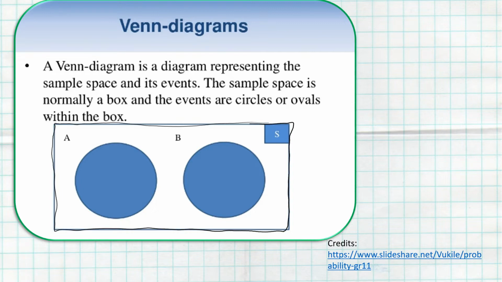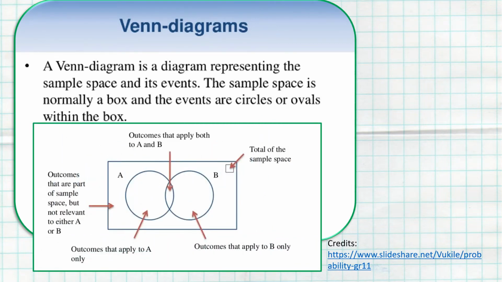Within the sample space we have events, represented by the two ovals or circles. This is event A, and this is your event B. We call that kind of diagram a Venn diagram.